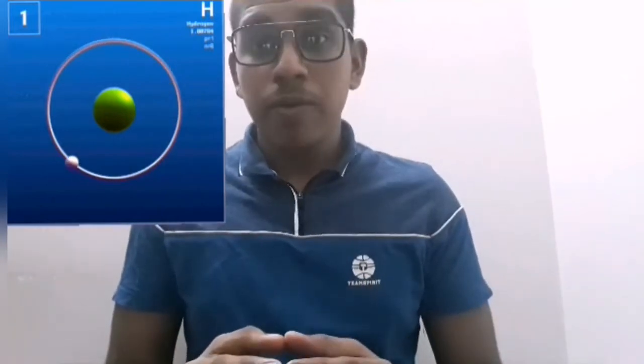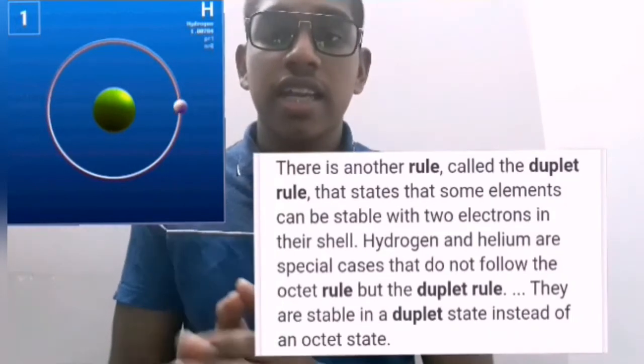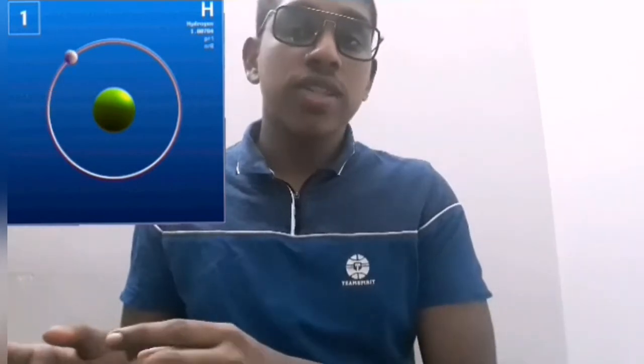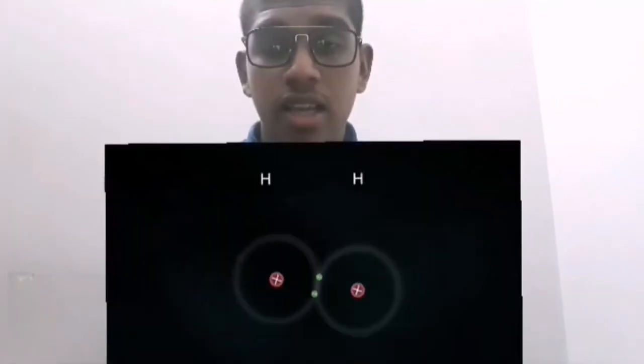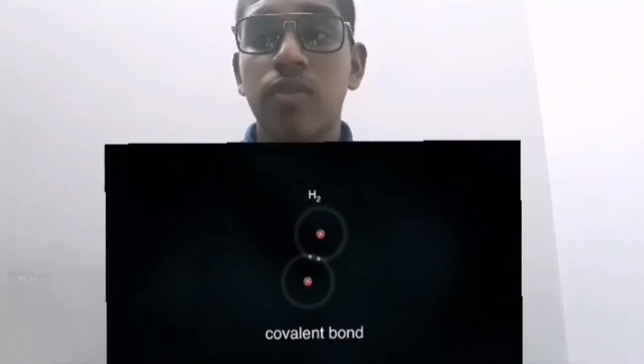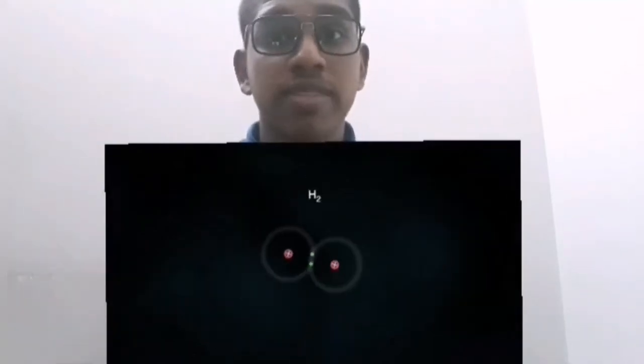According to the duplet rule, in the first shell there can be only 2 electrons. If hydrogen gets 1 more electron, it can become stable. So it shares its electron with another hydrogen atom so that they both become stable.